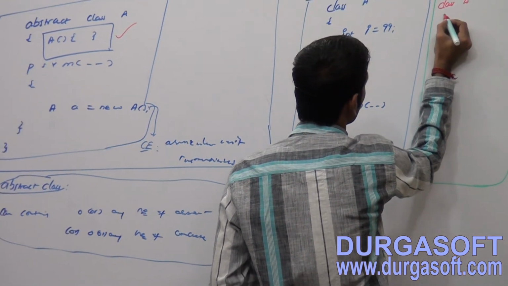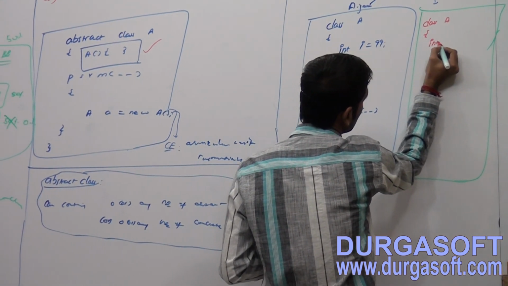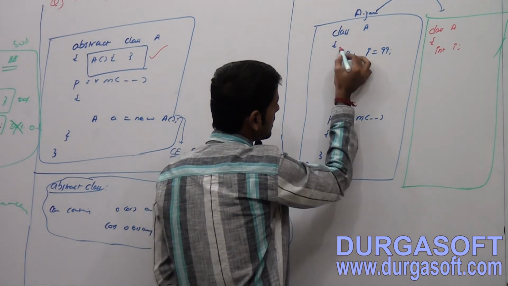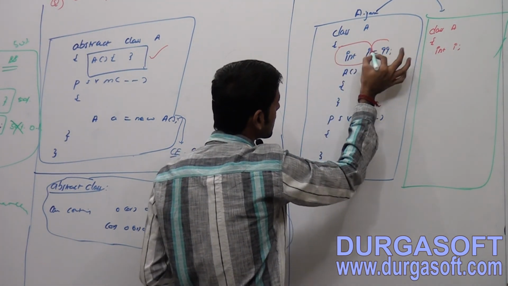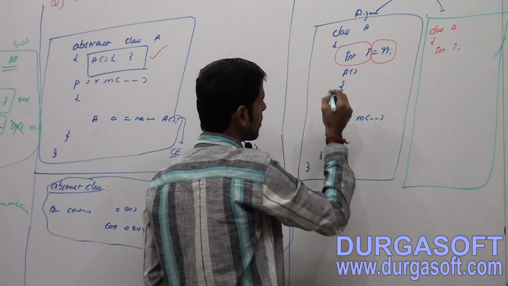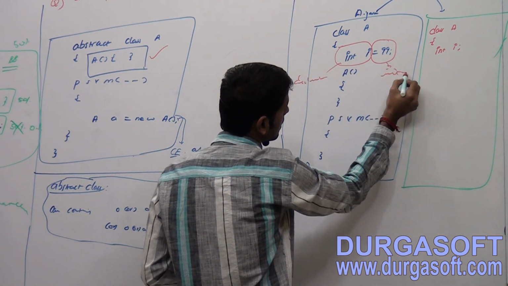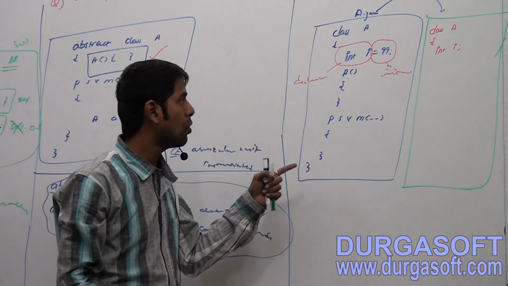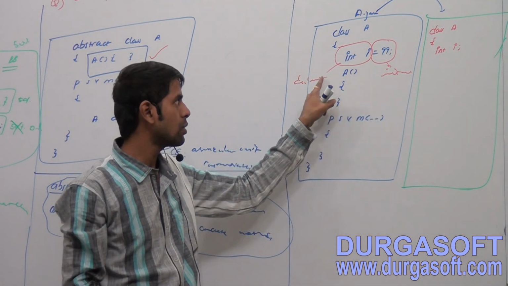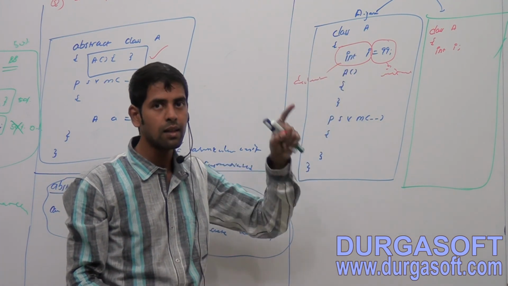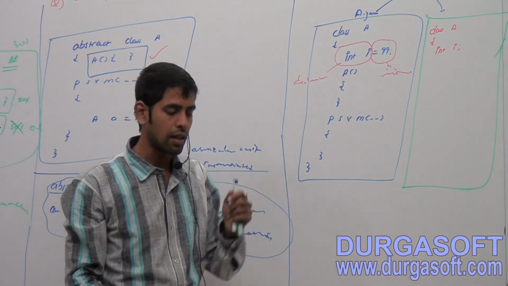Class A, int i. This is a declaration part. This is the initialization part, where I am performing initialization of this variable i at declaration time only.